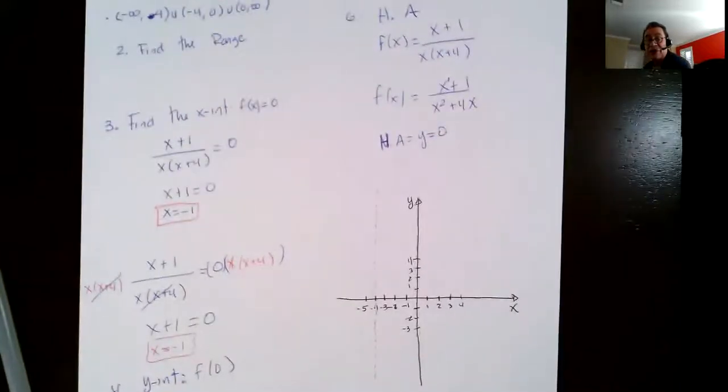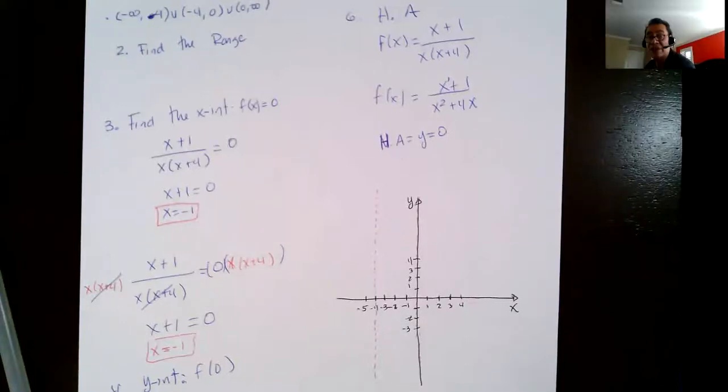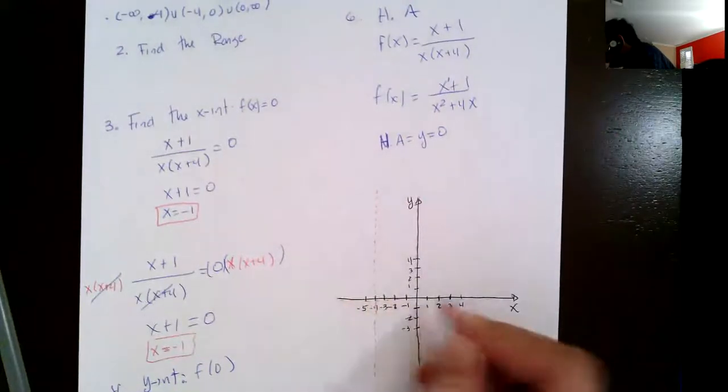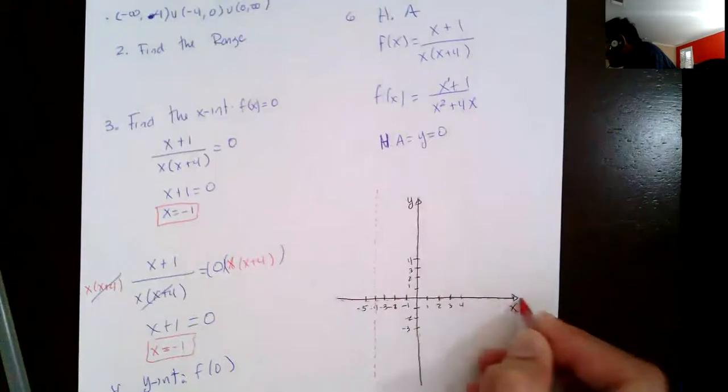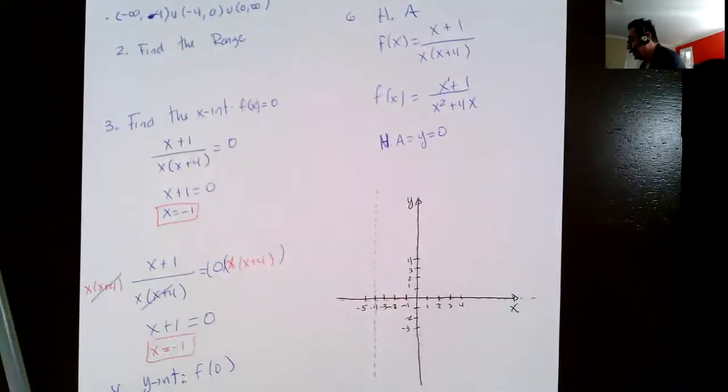Is that clear so far? Now let's draw the horizontal asymptote, which is at y equals 0. So that would be the x-axis, right? Right there. And now from here, I can tell you what the range is.